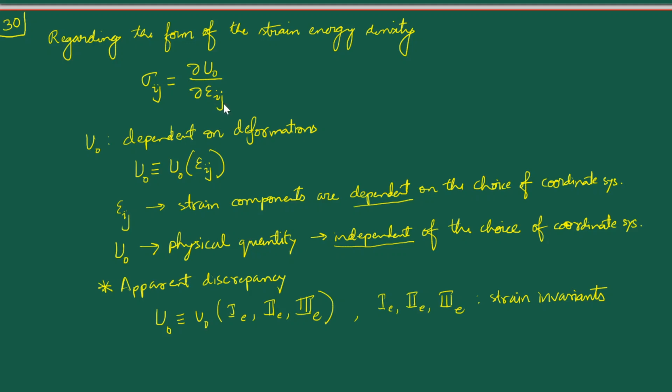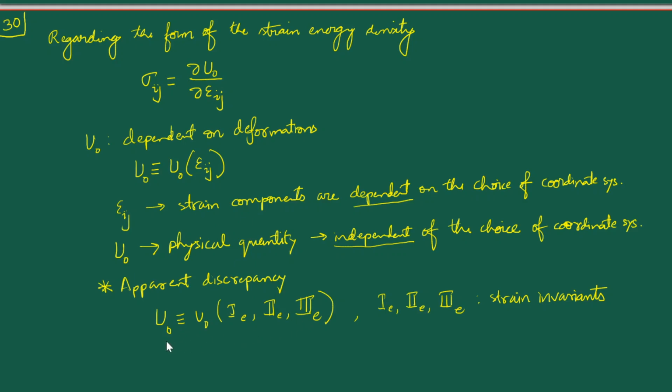If you think a little bit carefully about it, you will see that suppose this u naught was just linearly dependent on this I3E. I repeat, suppose you imagine that u naught has the simplest of dependencies on this I3 through some kind of a linear relationship.